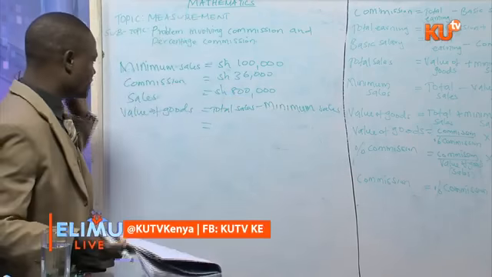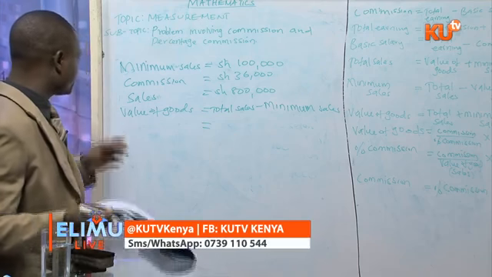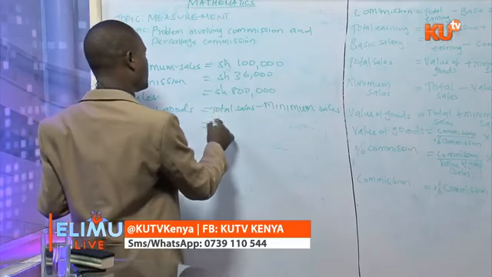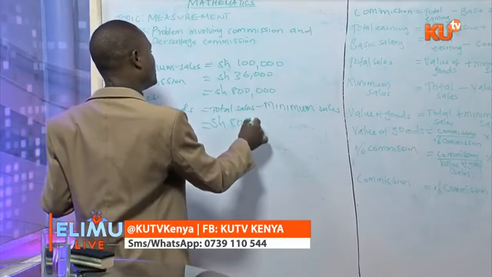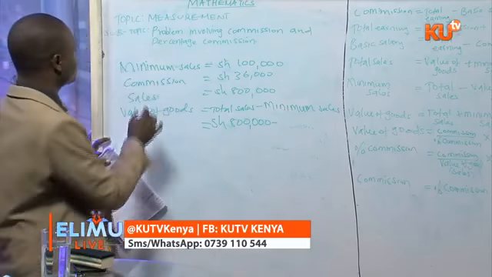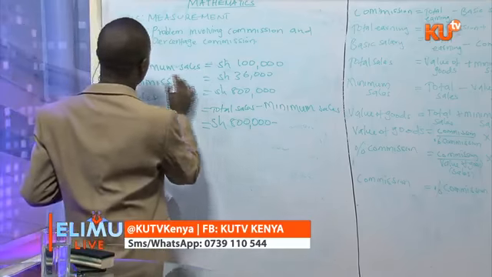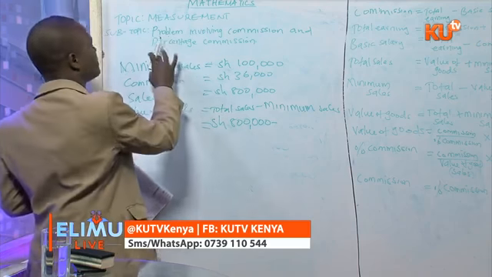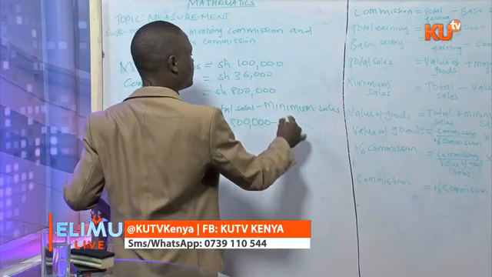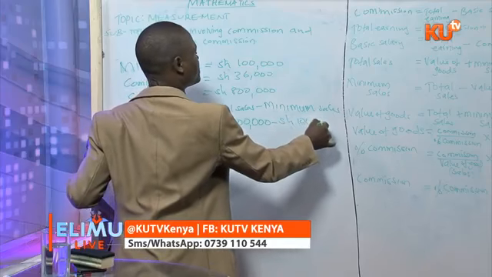The total sales that he made in that month was 800,000. So we have 800,000 minus the minimum sales, which is the amount of money he has to sell in order to get the commission, minus 100,000.